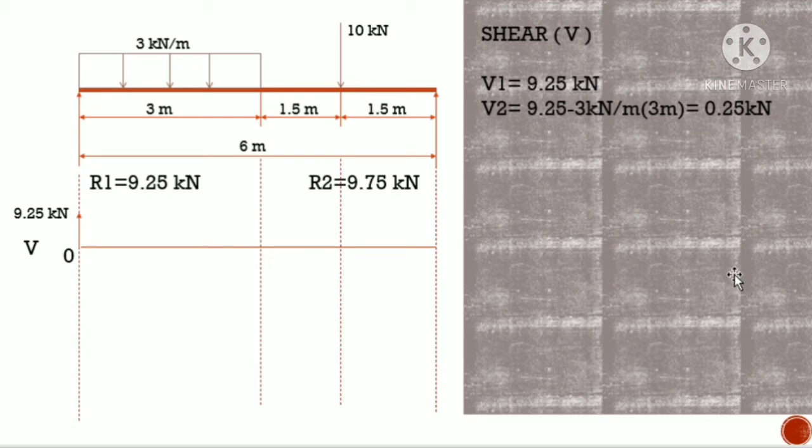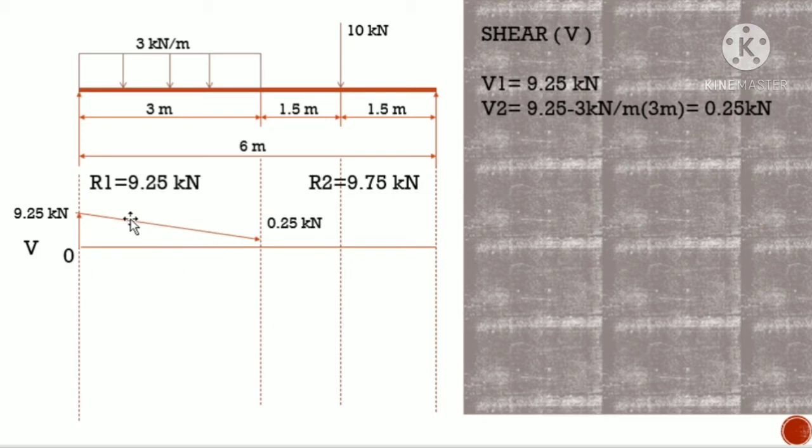0.25 kilonewton. How to draw if ang ating load is a uniformly distributed load. Kung mapapansin niyo, per meter siya. Every meter meron siyang 3 kilonewton. May mga degree kasi sa mga lines. Kung paano siya i-draw, naka-slant siya.